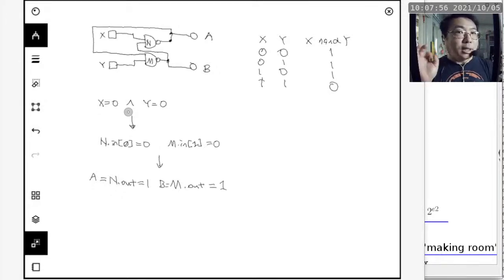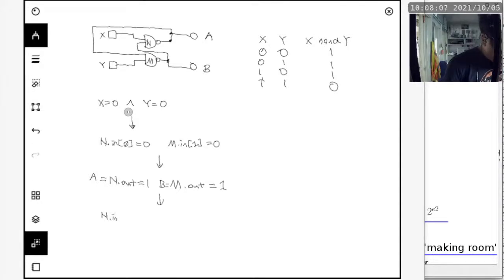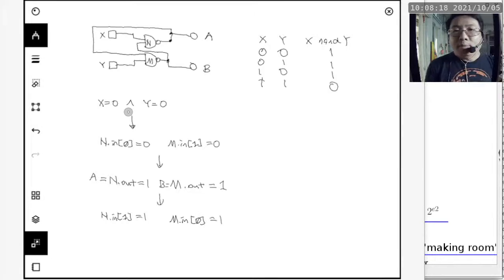So we make sure: this change in return goes back to affect the gates again. Now, in addition to in 0, we also know what in 1 is. It's going to be a 1, and the same over here, except this one is going to be a 0. But it doesn't change the fact that at least one input pin of the NAND gates is a 0, so it's not going to change the output.